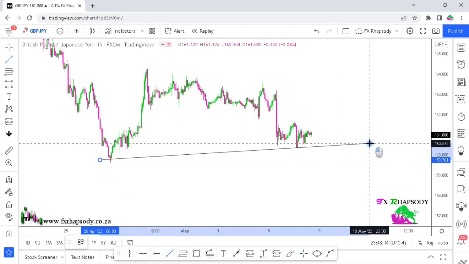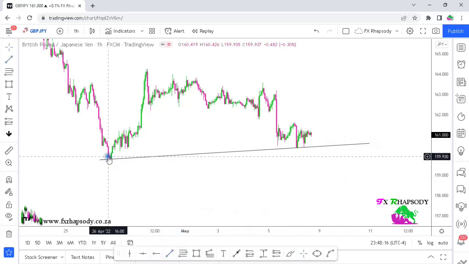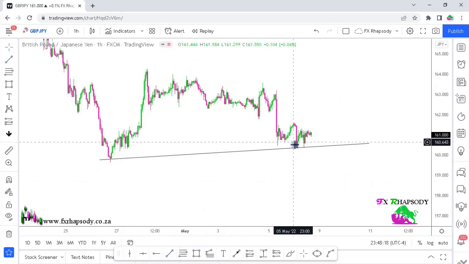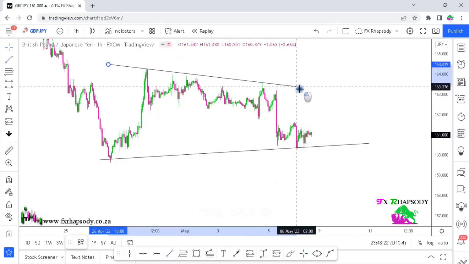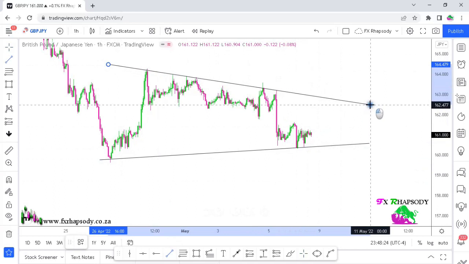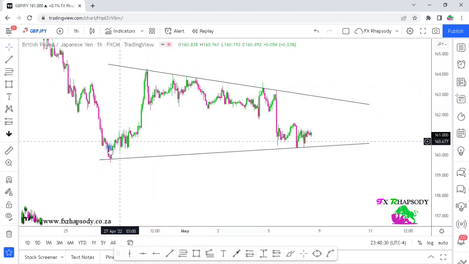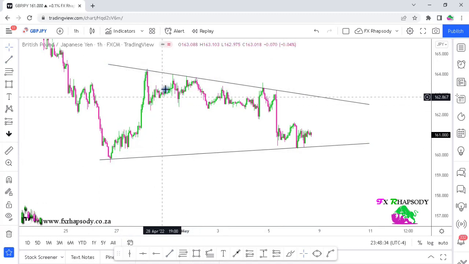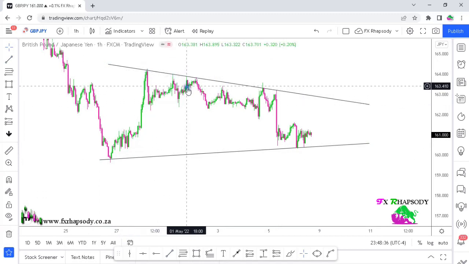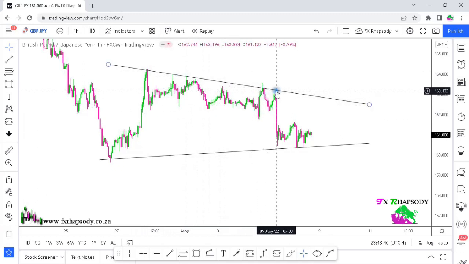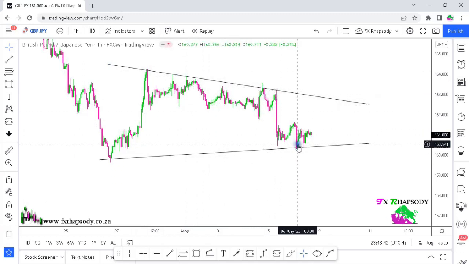right about there. You can see how this trend line going in, respecting it, and then also you can draw the top one, which is kind of forming like a wedge type of effect around about there. And you can see how price tapping that, going up to that area, respecting that trend line, respecting it again, going down, respecting the bottom one.